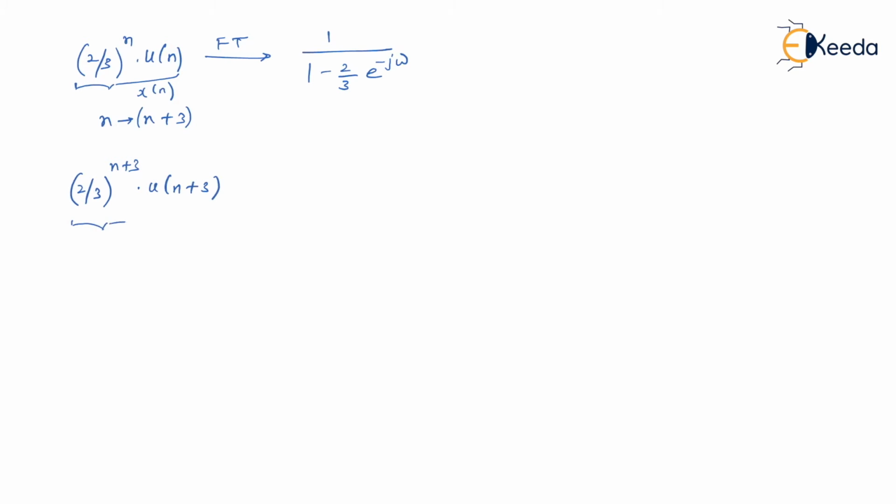So I would recognize this signal x of n plus 3 as having its Fourier transform like this: e to the power j 3 omega times the original X of omega, which was 1 upon 1 minus 2 by 3 e to the power minus j omega. I hope you are understanding this.